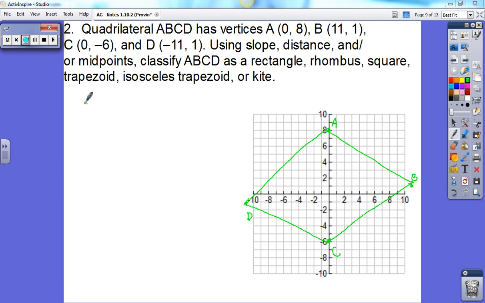And let's look again at the slopes of my opposite sides. So let's look at AB and DC. AB, I've got a slope of negative 7 over 11. And then the opposite side over here, I plotted this one wrong. Let's try this again.